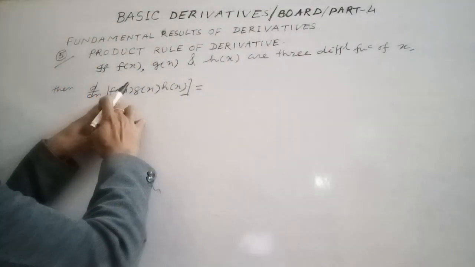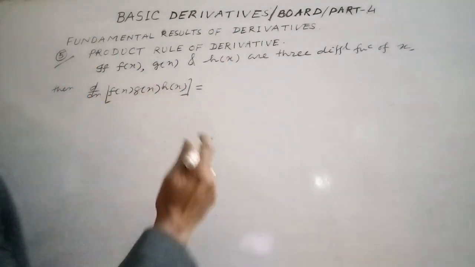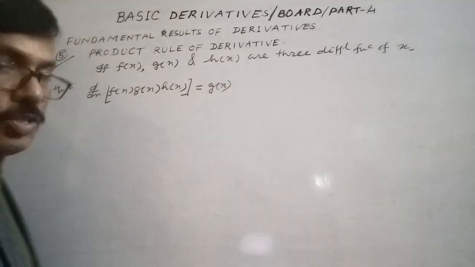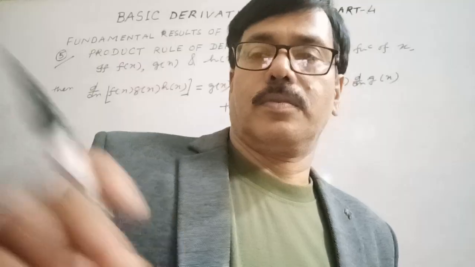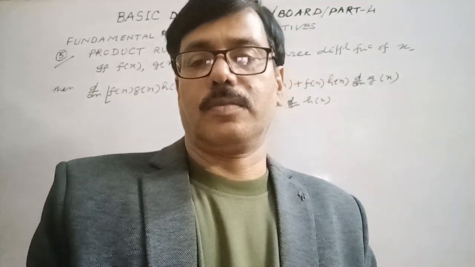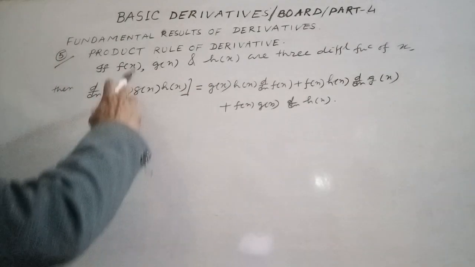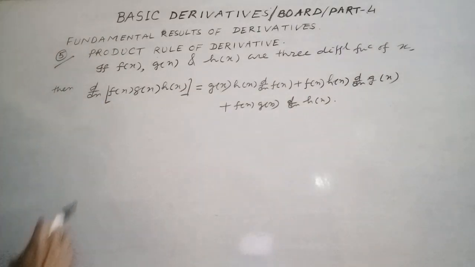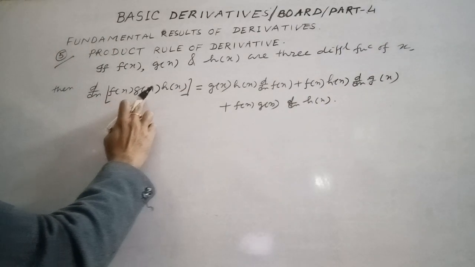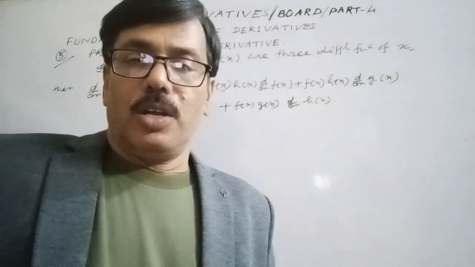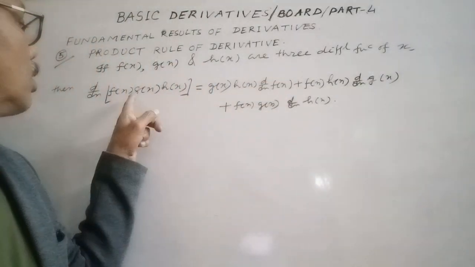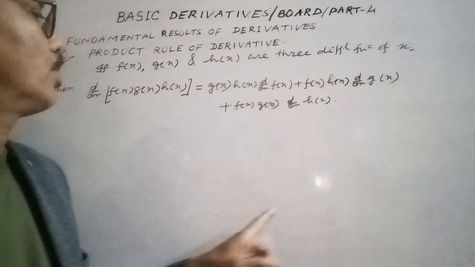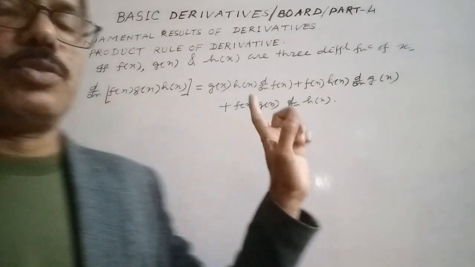So considering f(x) into g(x) as single and h(x), we can prove: if f(x), g(x) and h(x) are three differentiable functions of x, then d/dx of f(x) g(x) h(x): derivative of f(x), other two functions unchanged; derivative of g(x), other two unchanged; derivative of h(x), other two unchanged.